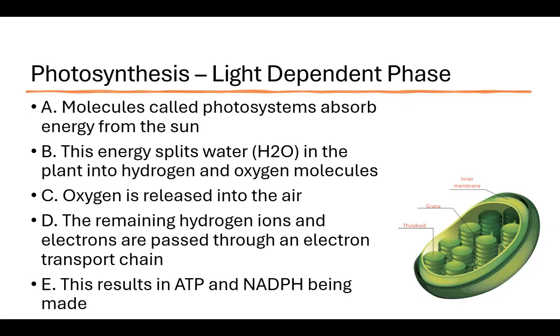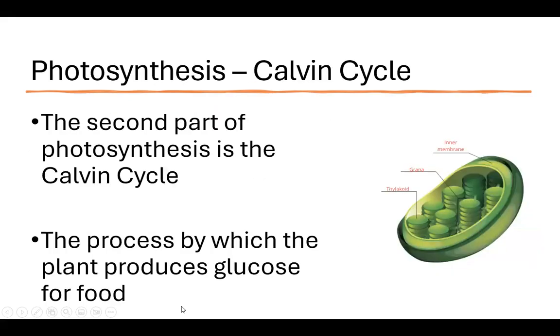That hydrogen that's left behind are hydrogen ions, and they are passed through the electron transport chain. And this results in ATP and NADPH being made. And remember, NADPH is nicotinamide adenine dinucleotide phosphate hydrogen. So there's a lot of great things going on in this first phase, this light-dependent phase.